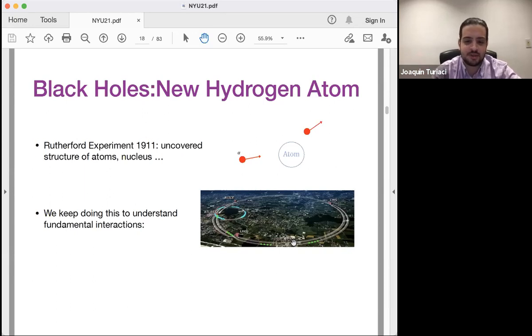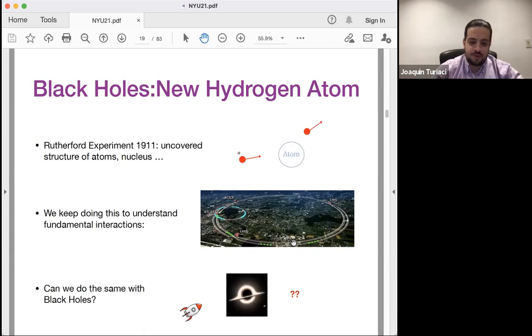We still make particles collide. So we would like to do the same with the black hole. We throw something at it, and we would like to understand how it reacts to some perturbation that we do to it. Of course, here even the question of if something falls in, how it comes out, and whether it comes out at all, is already a zeroth-order question that we don't quite know the answer to.